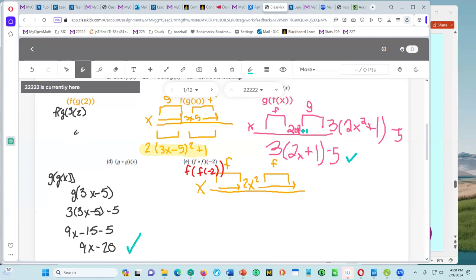Let's see. So let's figure out this f of -2. That's like the inside function. Okay, what is f of -2? You take -2, you run it through your machine there, and what comes out?